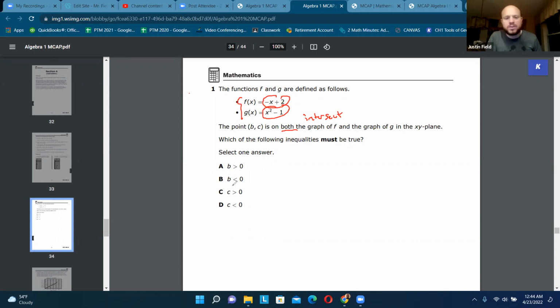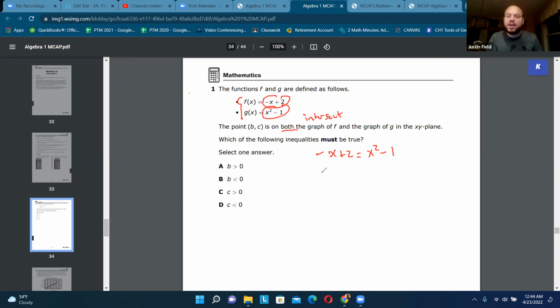But we want to solve the system, so we set them equal to each other, just like we would do with 2 lines in slope-intercept form. But we do have a problem: we have an x squared. So this is actually going to be a solution to a quadratic.